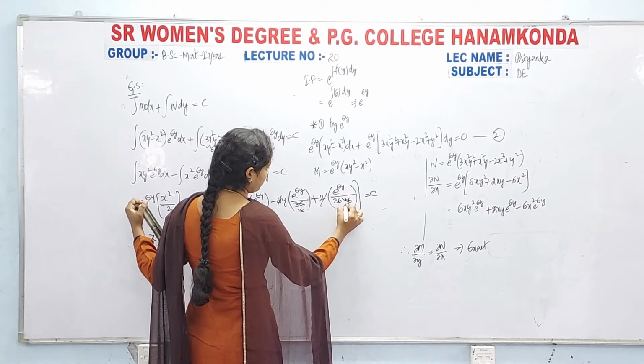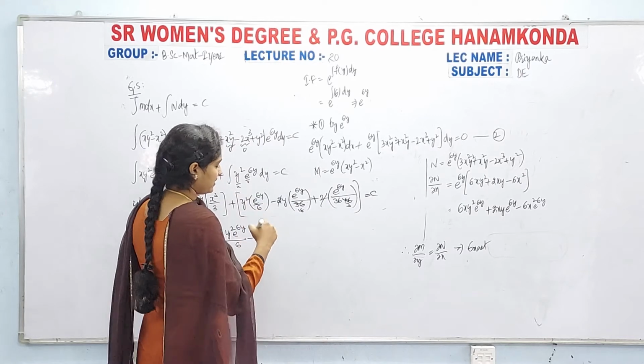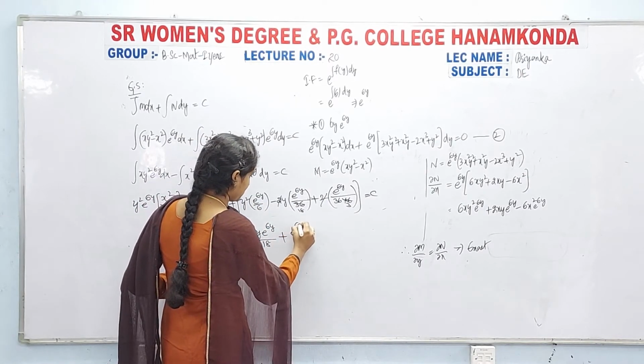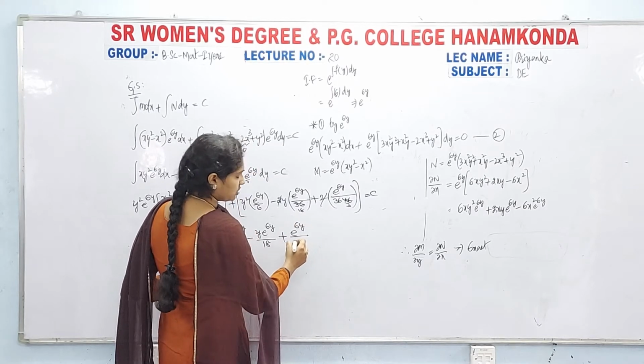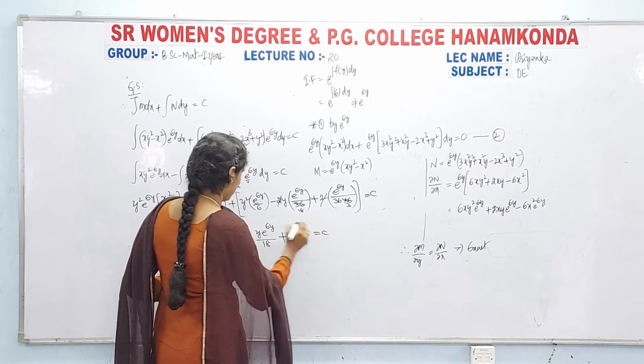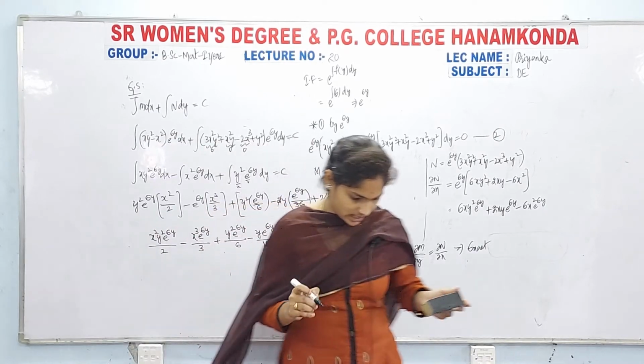Now plus e power 6y by 36 into 3, which is 108, which is equal to C. Now I just want to check the answer.